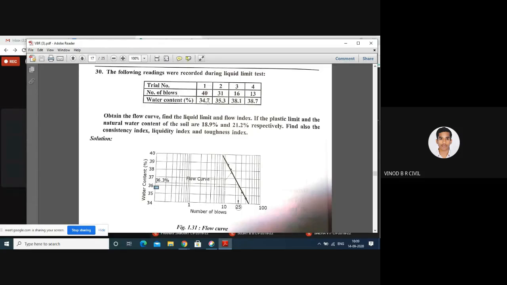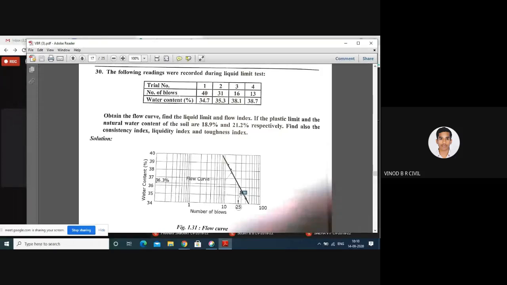For 40 blows, after 10, 20, 30, 40, the value is 34.7. I am marking 34.7 here, for 40 on the x-axis and 34.7 on the y-axis.